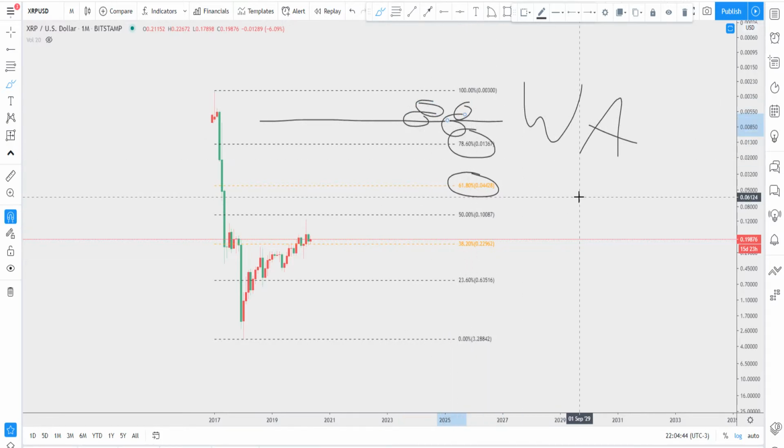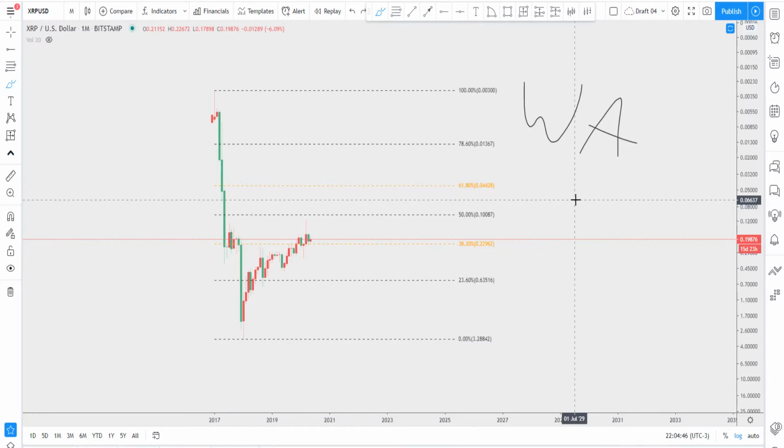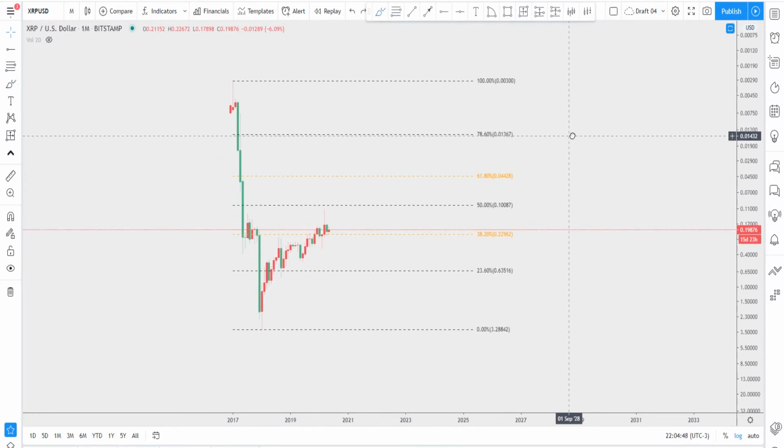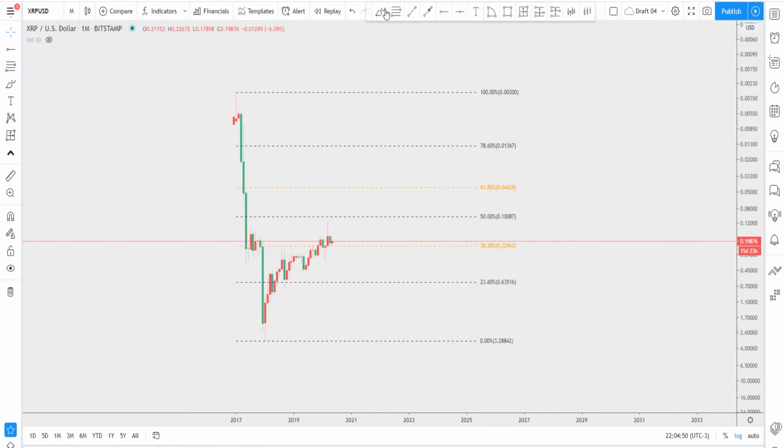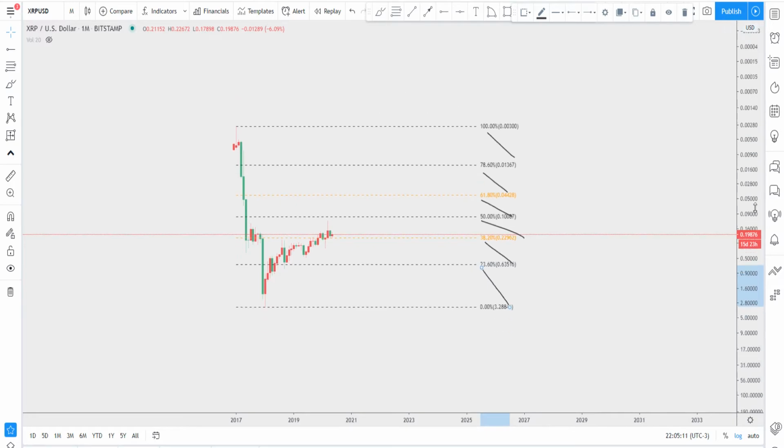This is a fact. So what we do here is go step by step, watching every level and all the triggers. And also don't forget, inside each level there is another 100% Fibonacci.